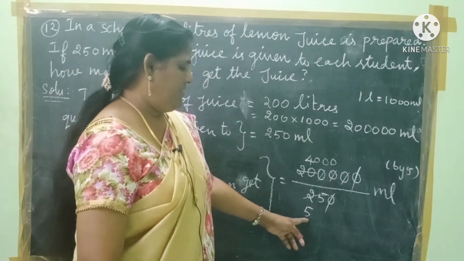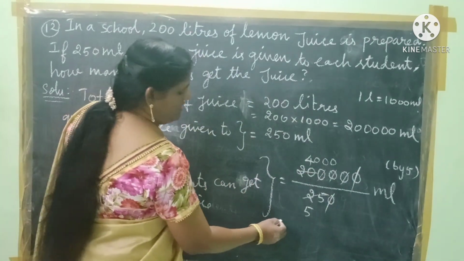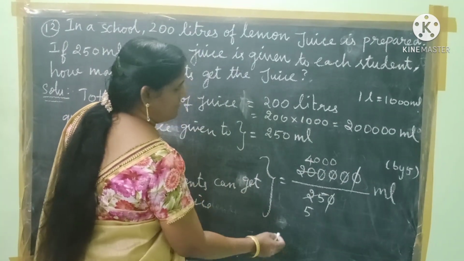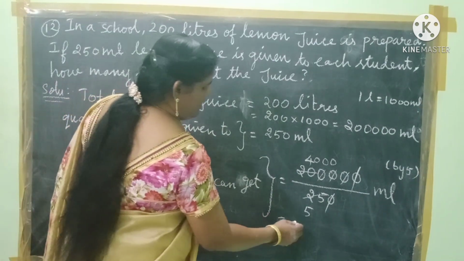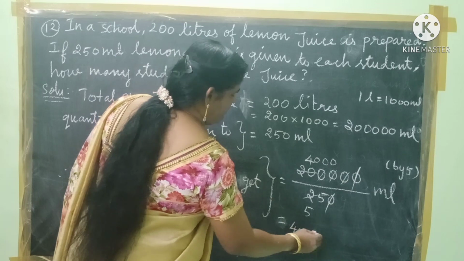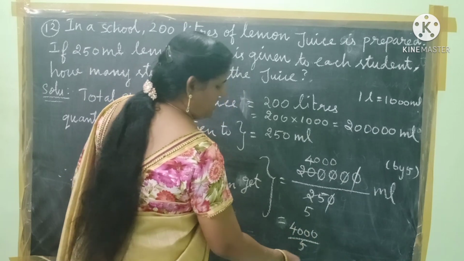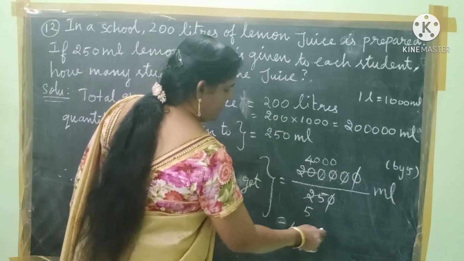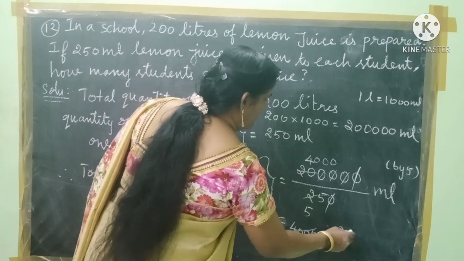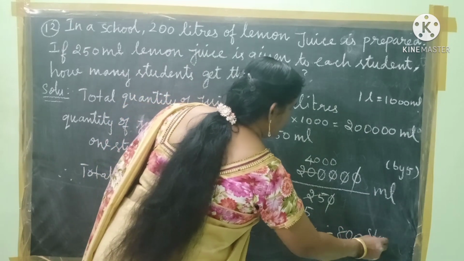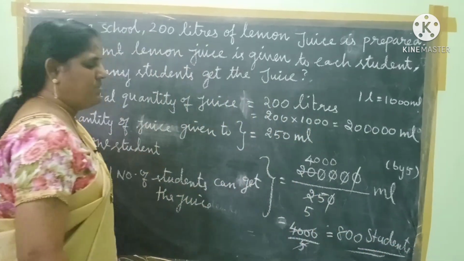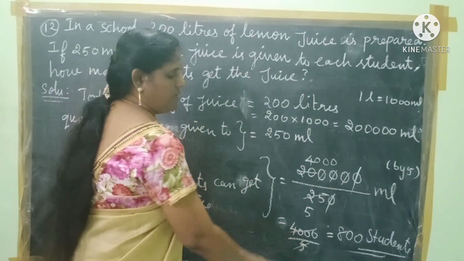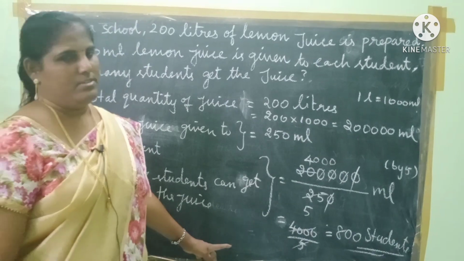So 4000 by 5. Again we need to divide it. 4000 by 5, again same 5 table, 800 will come. So 800 students can get the juice. Totally 800 students will get the juice. Okay, that is the answer.